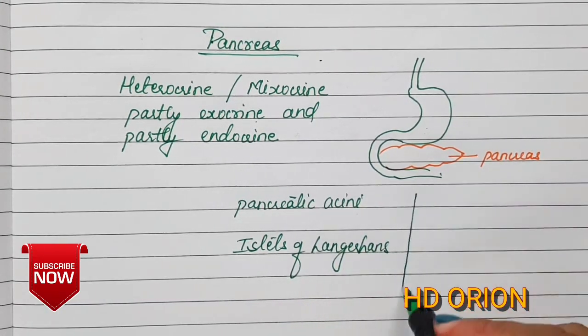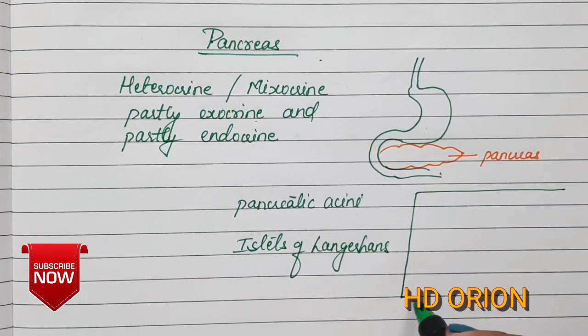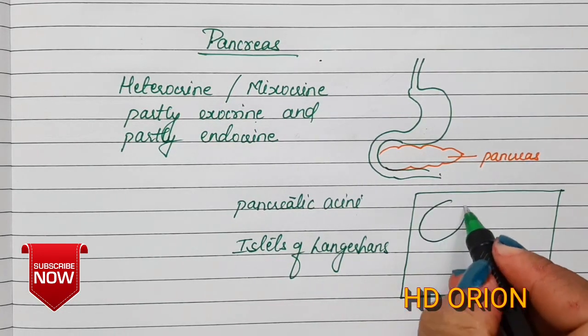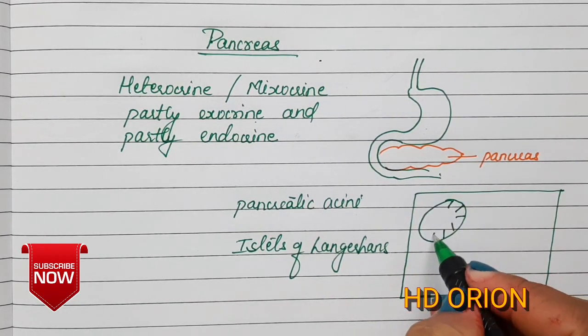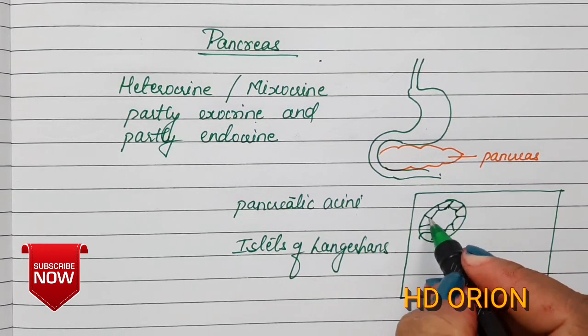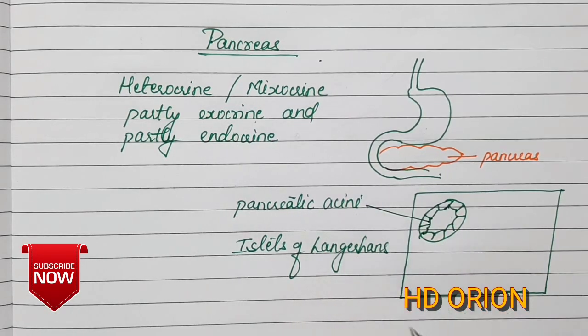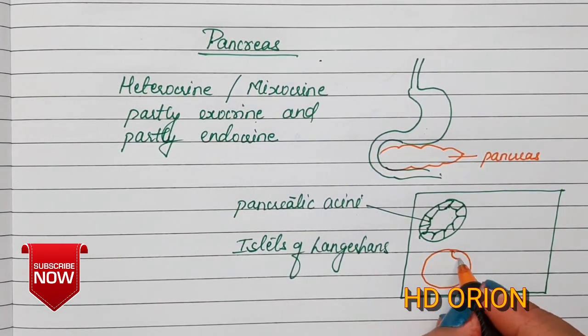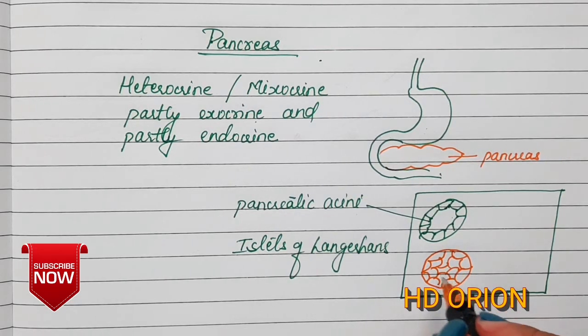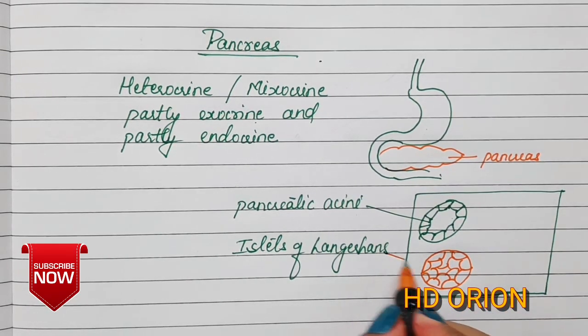So let me take a section. If we take the TS of pancreas, we see two types of cells. The cells which produce the pancreatic juice are present in this manner, and we call this pancreatic acini, while the islets of Langerhans are present distributed in between, and there can be as many as 3000 cells inside each islet of Langerhans.